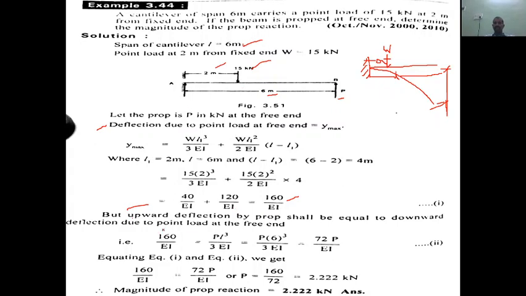Let us now calculate the upward deflection due to the prop, which is simply PL cube by 3EI. Now let us equate both the equations.